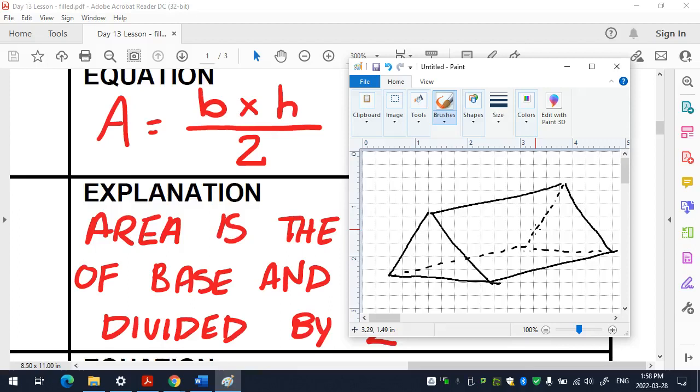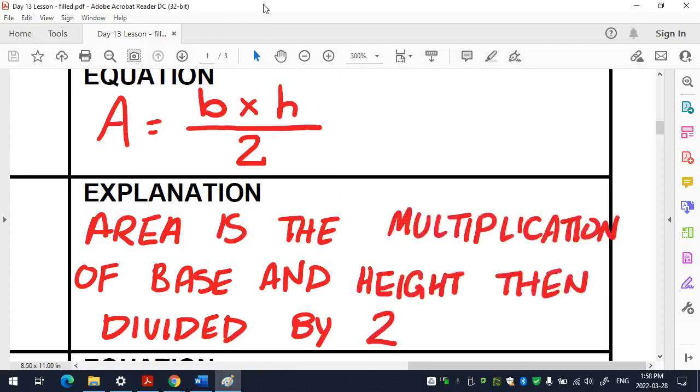So area is, okay, now things are not as straightforward as a rectangle. A rectangle was just the multiplication of length and width. Area of a triangle is 2 steps. First, you multiply. By the way, you can't call it length and width. You always call it base and height. So area is the multiplication of base and height.